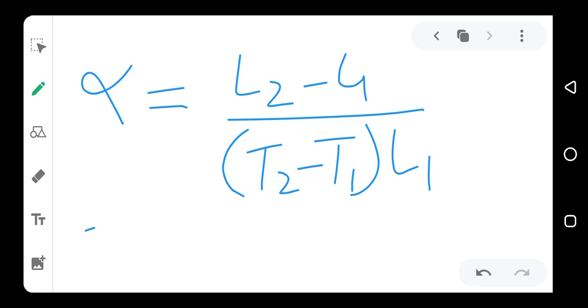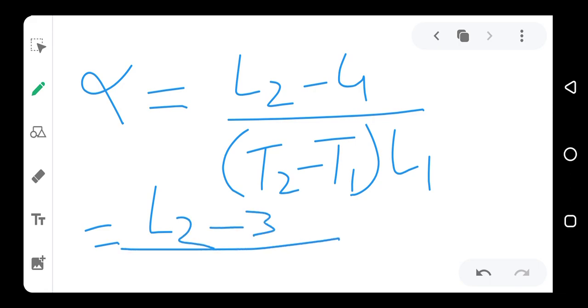Now this is equal to L2, which is what we are looking for, minus L1, which is 3, over T2 which is 41 minus T1 which is 29, times L1, the original length or initial length, which is 3.